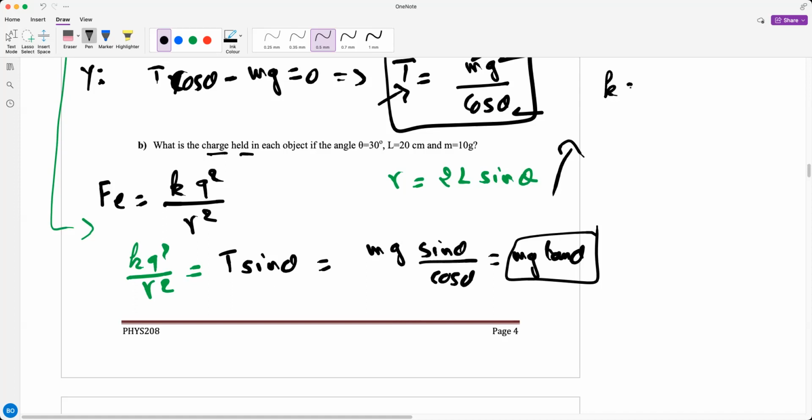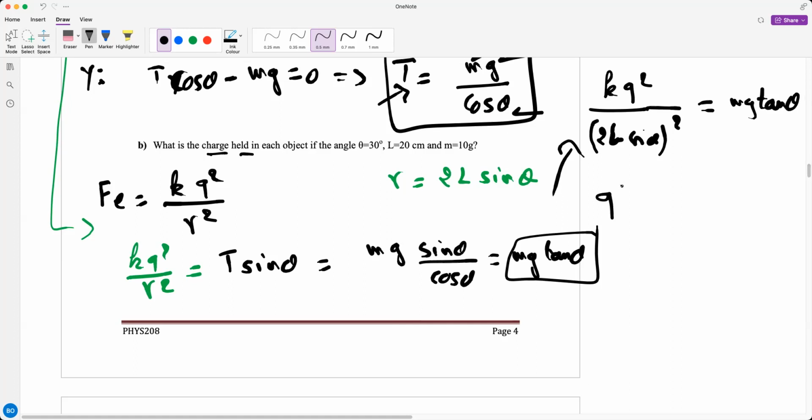So K Q squared over R squared. What is R squared? R squared is 2L sine theta squared, which is equal to mg tangent of theta.